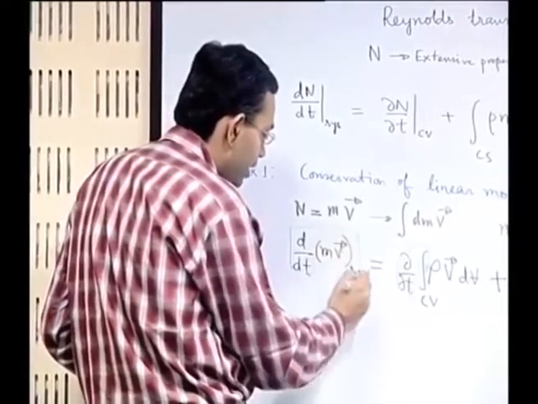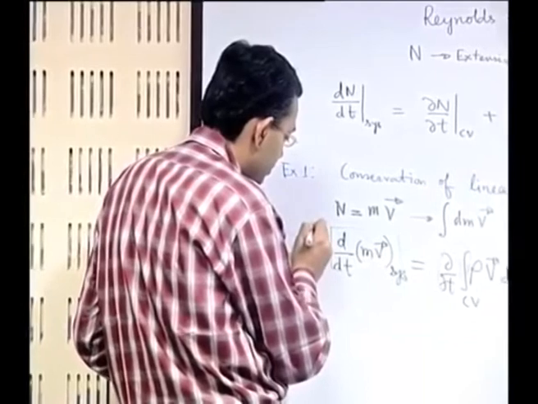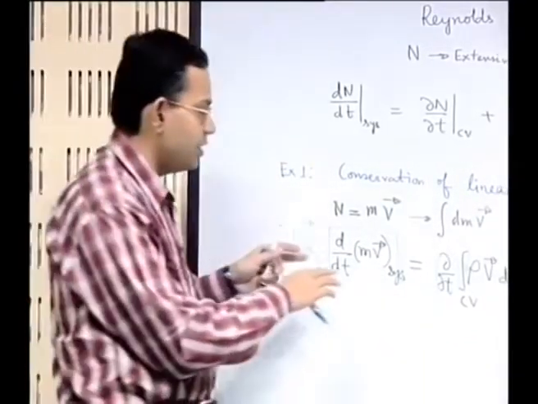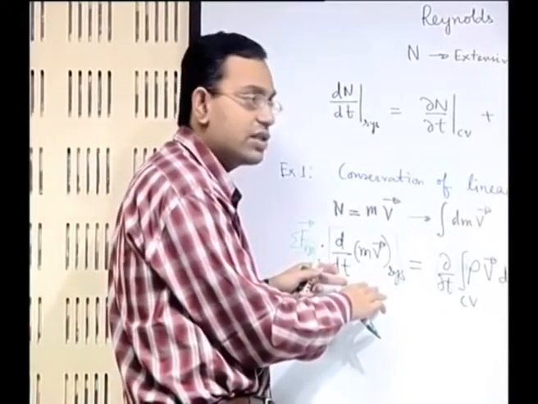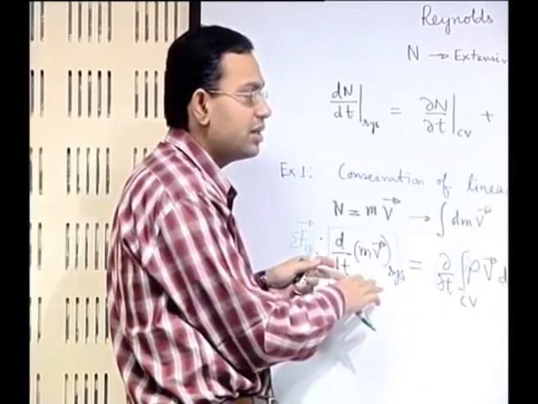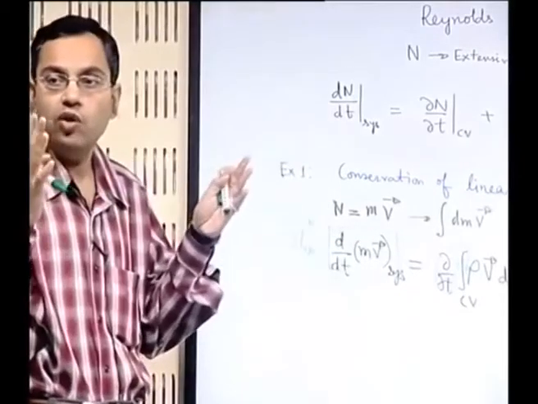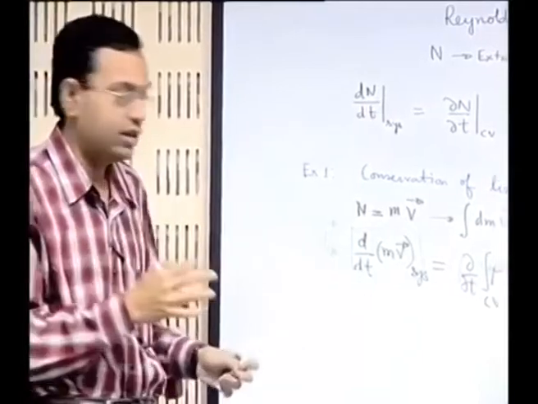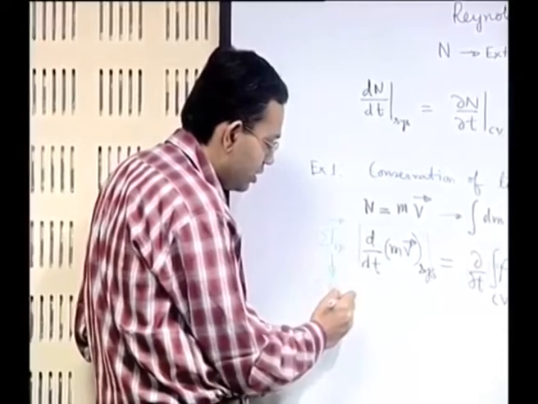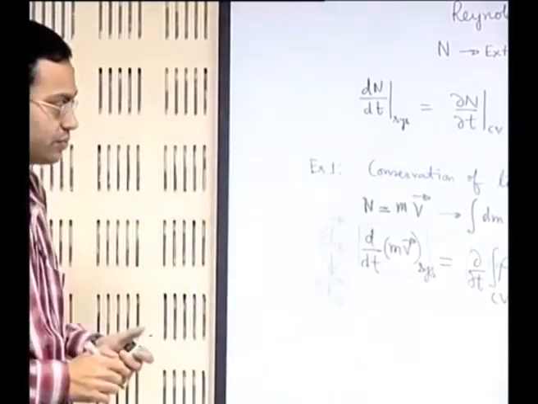So this will be resultant force acting on the system, and we have derived the Reynolds transport theorem for the limiting case when the time interval delta t tends to 0, so that the system and the control volume almost converge on each other. So that means this is the resultant force acting on the control volume in the limit as delta t tends to 0.